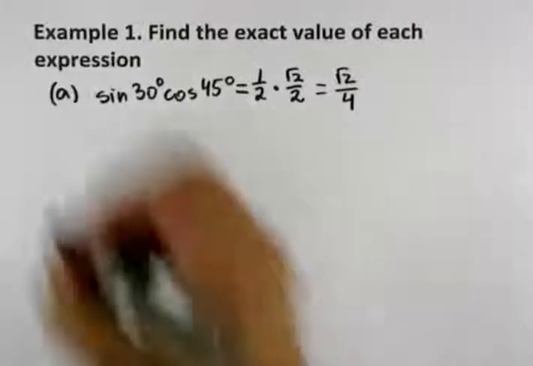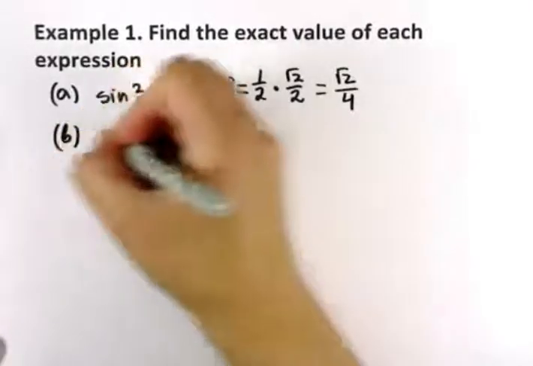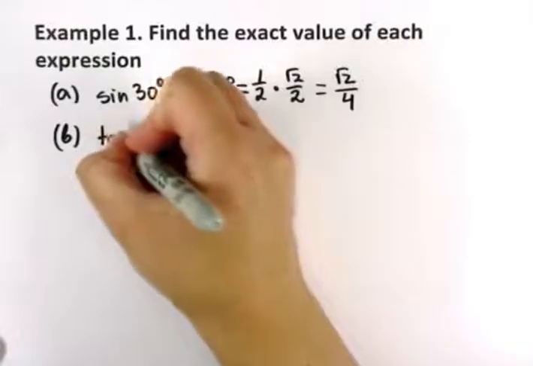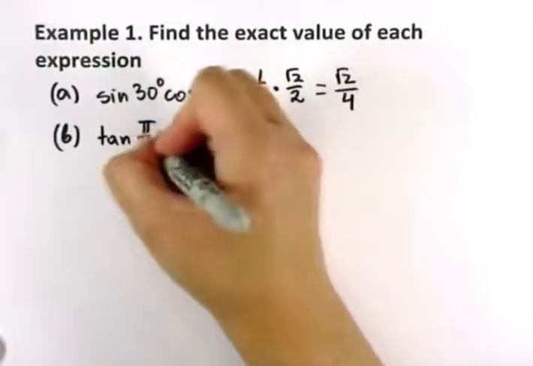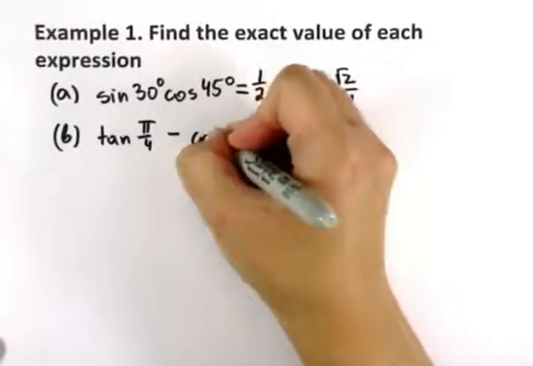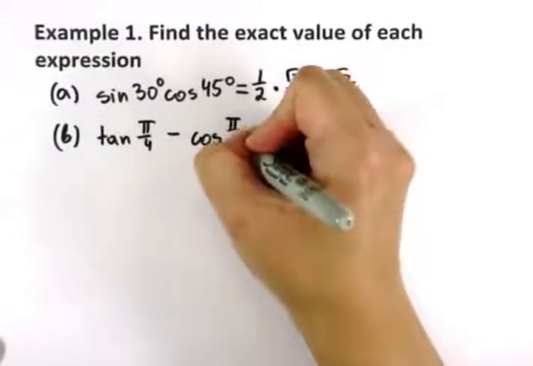Now we have B. We have tangent pi over 4 minus cos pi over 6.